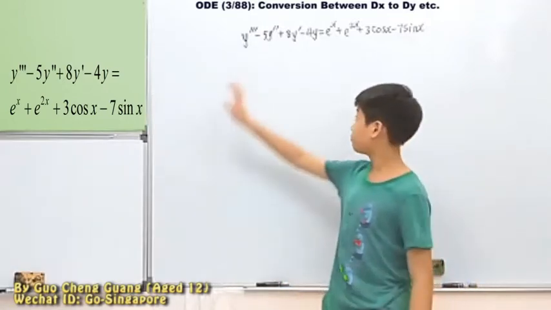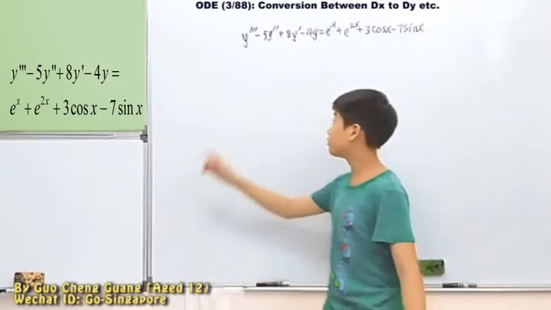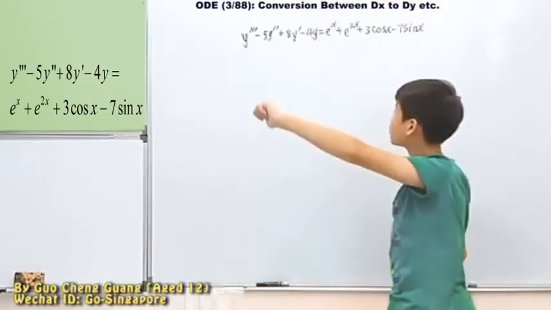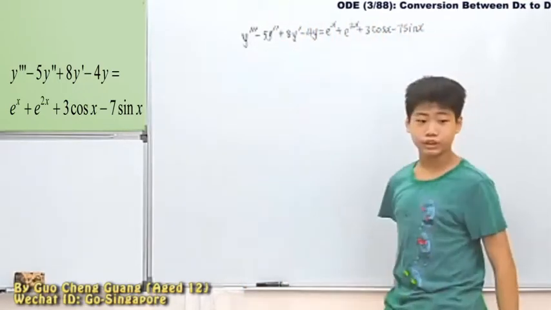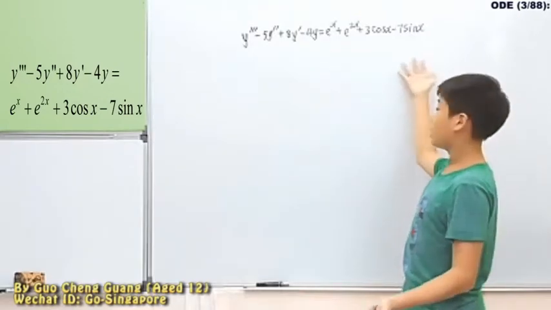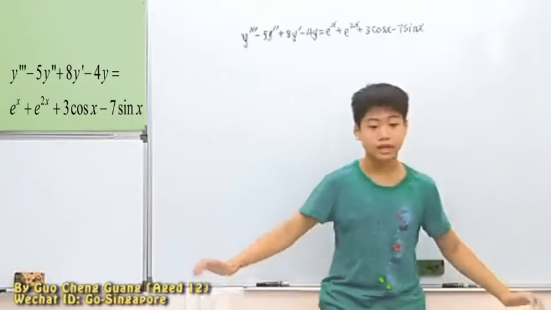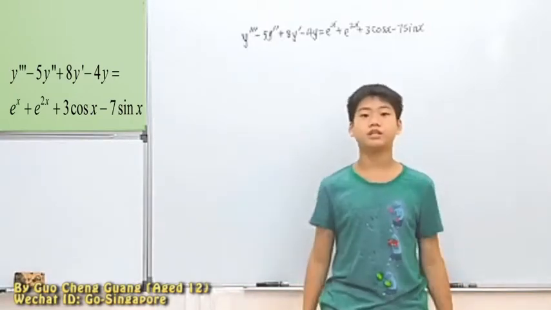Firstly, let's analyze this. It is linear with constant coefficients. Although this is non-homogeneous, we can first take it as homogeneous.